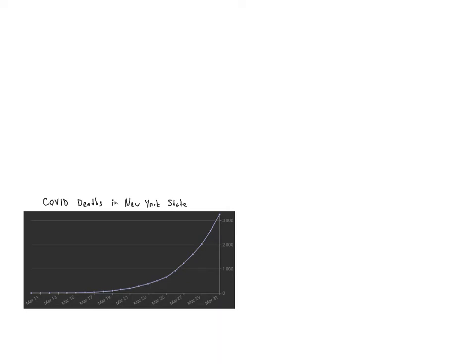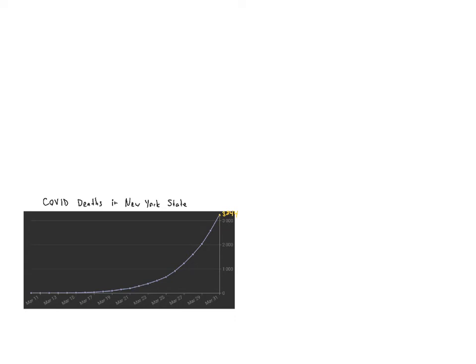And I want to bring up a couple of these data points in particular. So if we look at March 31st, the number of deaths cumulatively by then was 3,244. So this, here, let me write here. This point has a height of 3,244.